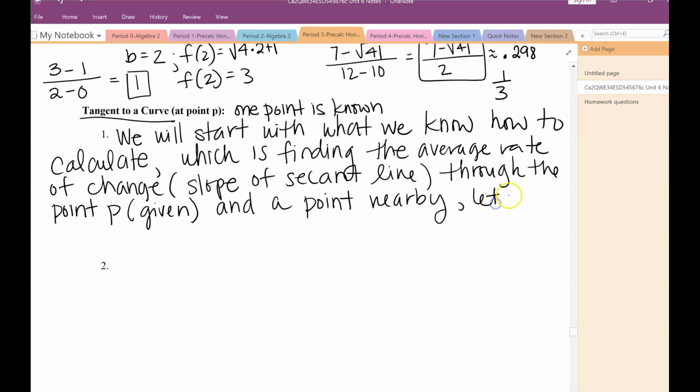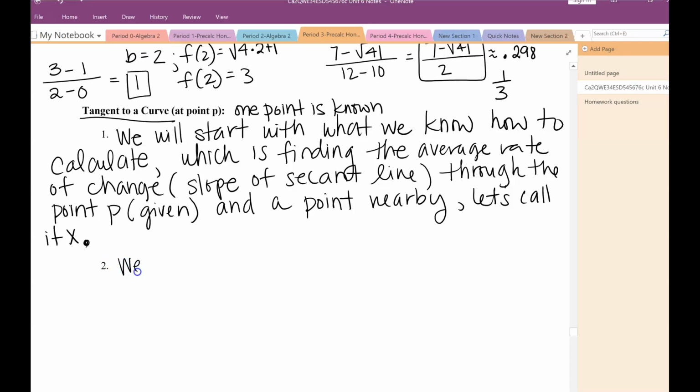Let's call it X. So you are given 1 point, but obviously that's not enough to find the slope. So we are going to pick somewhere nearby, to the left or right. We're going to call it X.